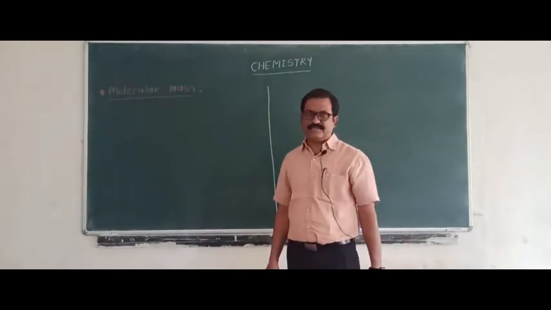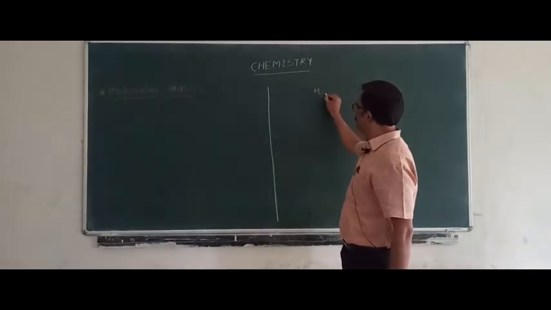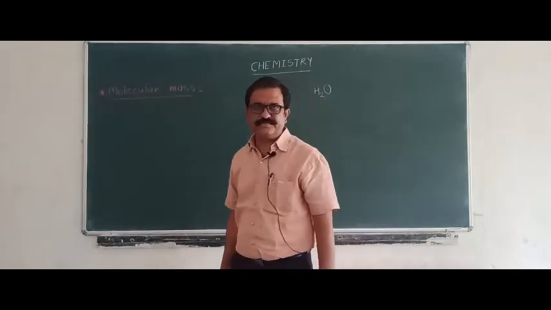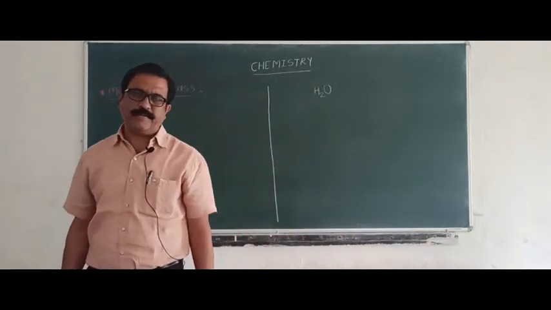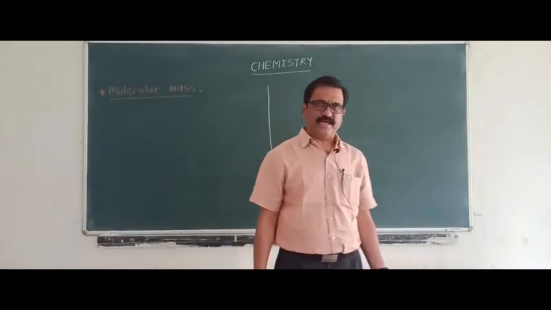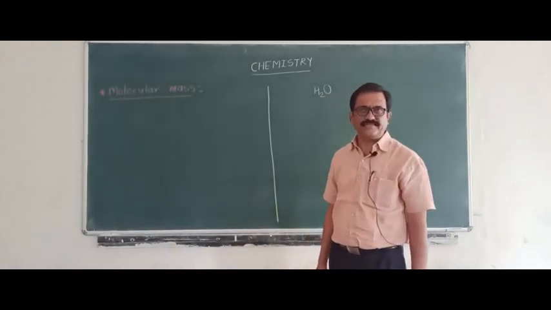A molecular mass, for example, H2O is a molecule. It contains 2 hydrogen and 1 oxygen atoms, while ammonia contains 1 nitrogen and 3 hydrogen atoms.